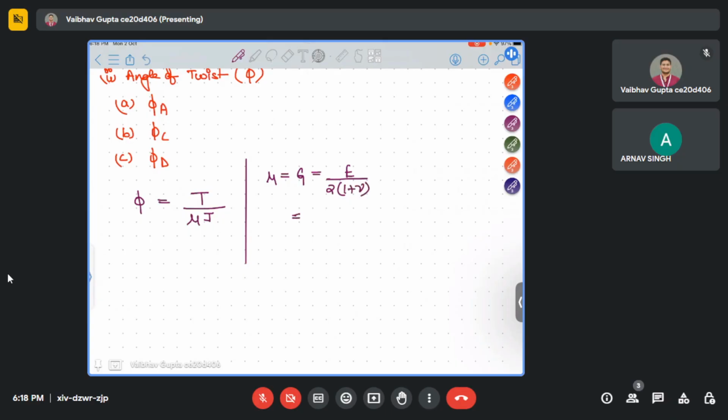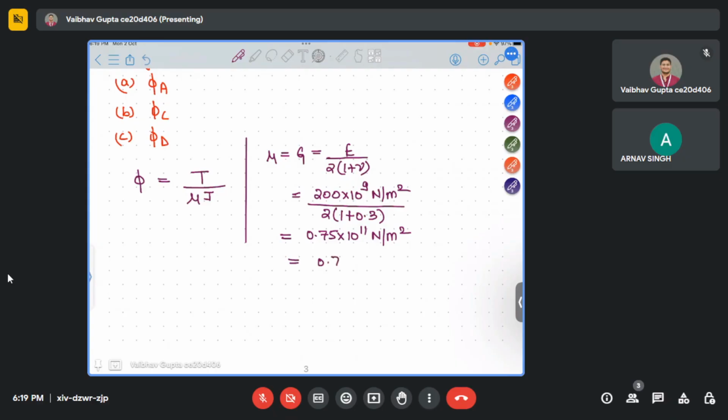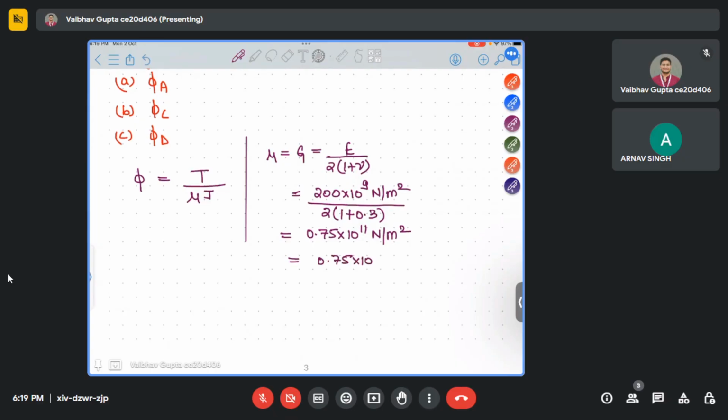E is given to us as 200 GPa, which is 200 into 10 to the power 9 Newton per meter square, upon 2 into 1 plus 0.3, which is given as Poisson's ratio. If I calculate this, I will get 0.75 into 10 to the power 11 Newton per meter square, which is nothing but 0.75 into 10 to the power 5 Newton per mm square. Since all readings are given in mm, I will use the unit Newton per mm square.